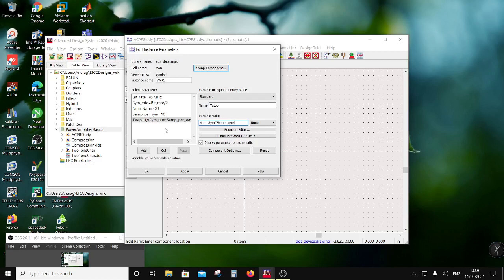So this will be the total number of samples, right? Samples per symbol. And then you multiply it with the time step, t step. That will give you the stop time, right?